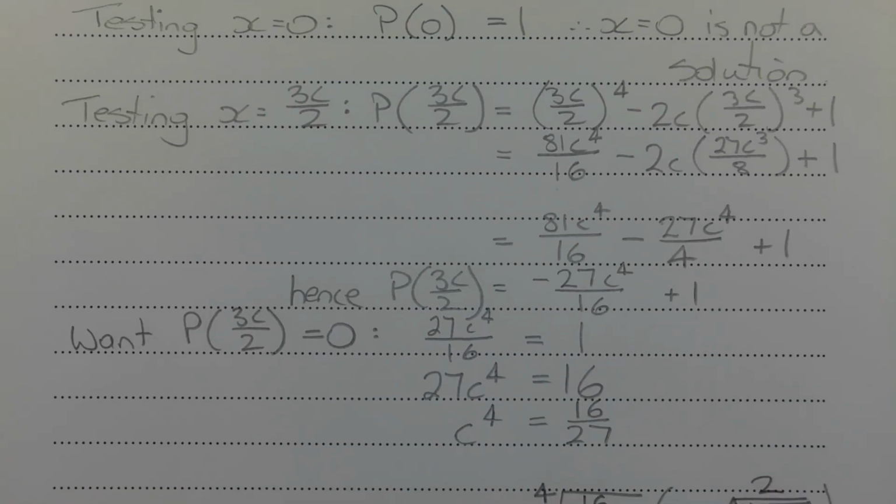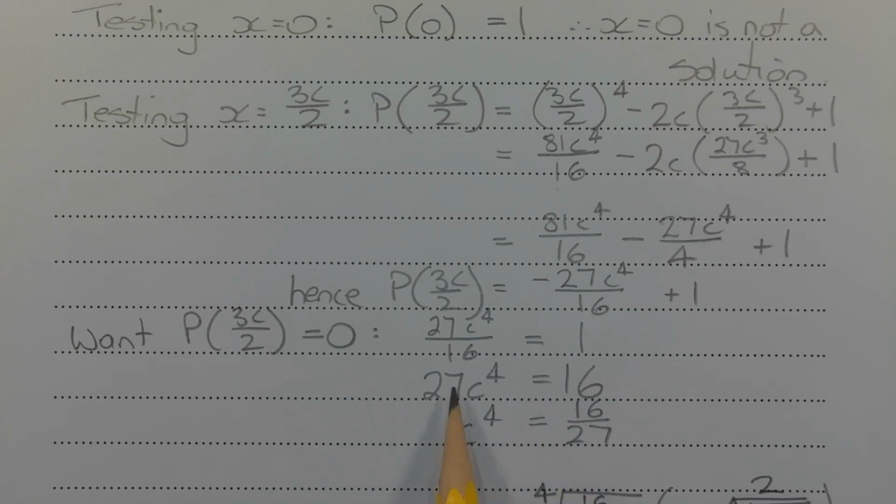Now what we want is p of 3c over 2 to equal 0. In other words, 27c to the power of 4 over 16 equals 1. And we want to find a value of c by solving this equation here, or making c the subject. So multiplying both sides of this equation by the denominator 16, we get 27c to the power of 4 equals 16.